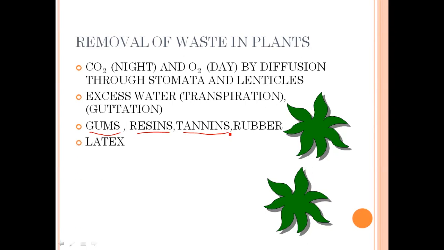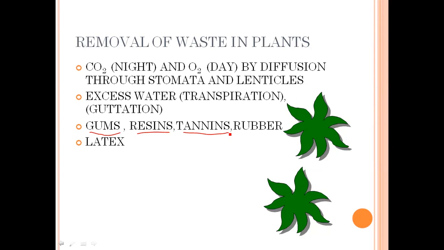Some plants even liberate some fluid substances, called latex, and latex canals are there for its removal. Rubber is also one of the exudates, that means the secretions from the plants are called exudates.